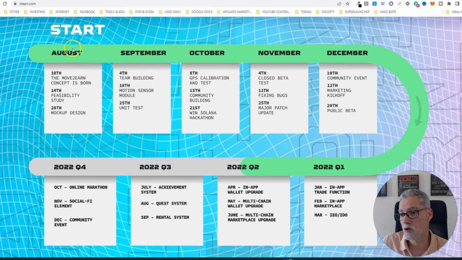You have the roadmap for 1.5 years. Right now we are here, and until now these guys have been able to implement all the milestones that they have on the roadmap. Sometimes you can find more detailed information on the white paper or on the investor's deck. So just make sure to read those documents to check if you have more information, okay?